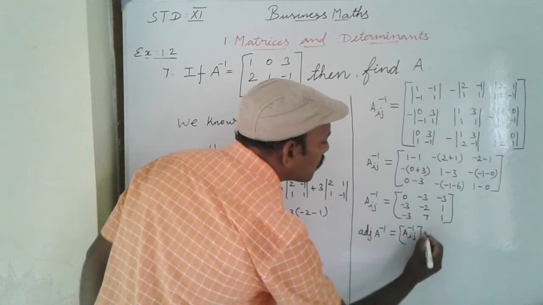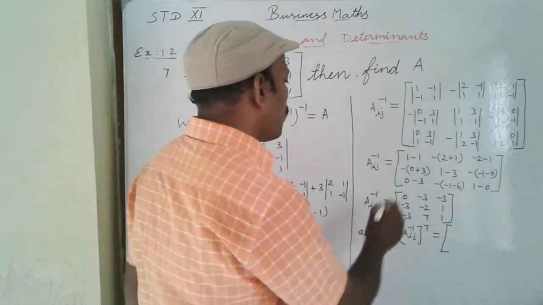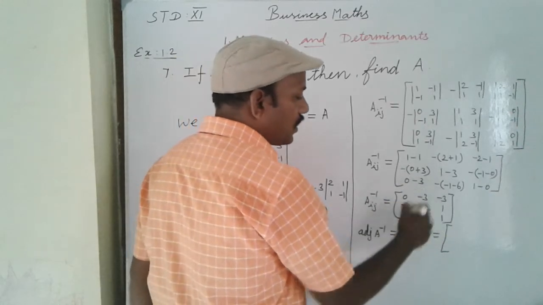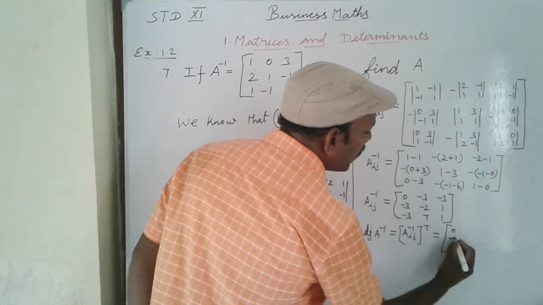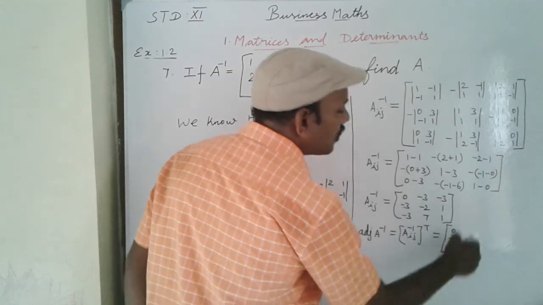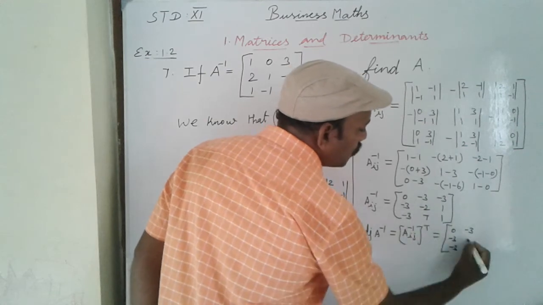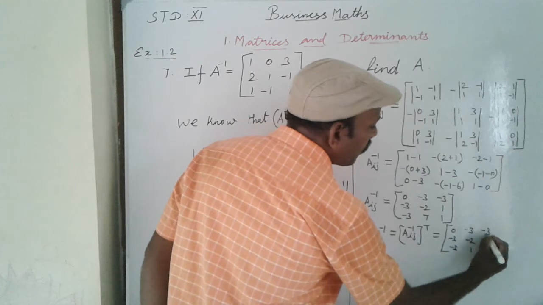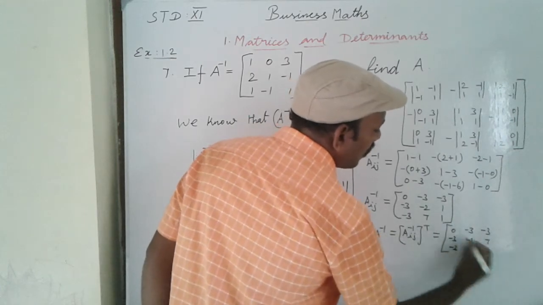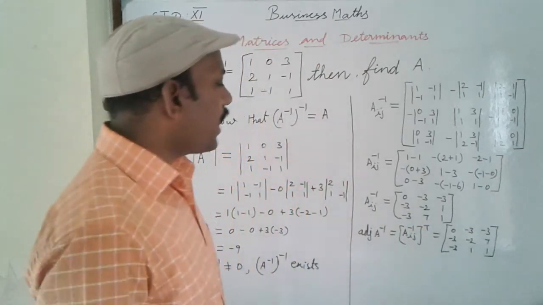It is a transpose matrix: rows become columns and columns become rows. So the first row 0, minus 3, minus 3 we change into a column. Next row minus 3, minus 2, 1. Next row minus 3, 7, 1. So this is the adjoint of A inverse.